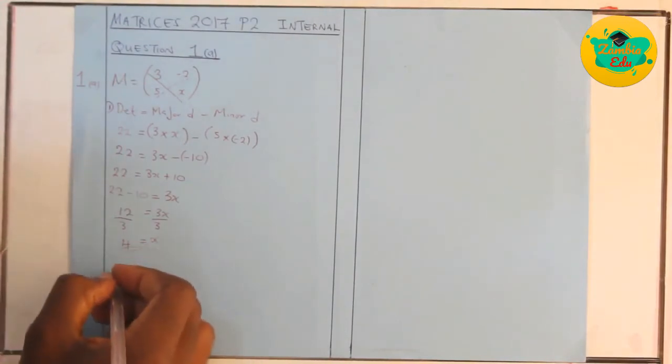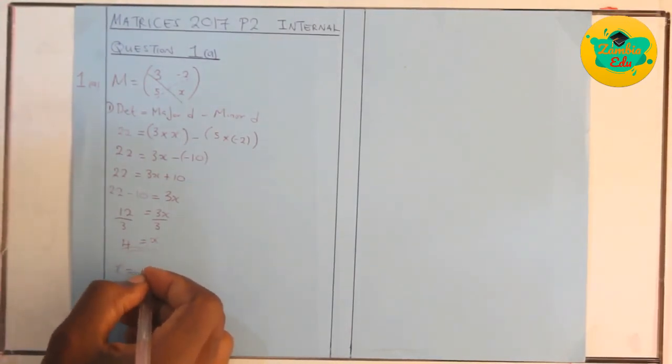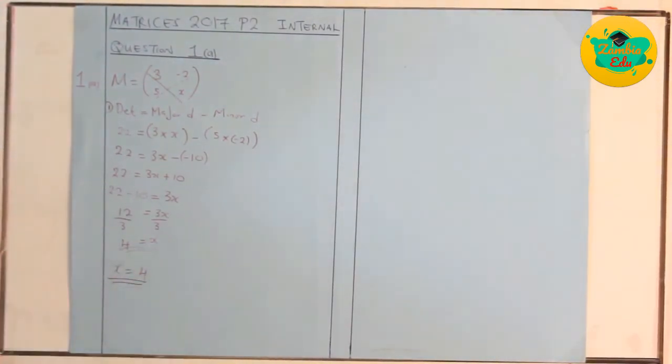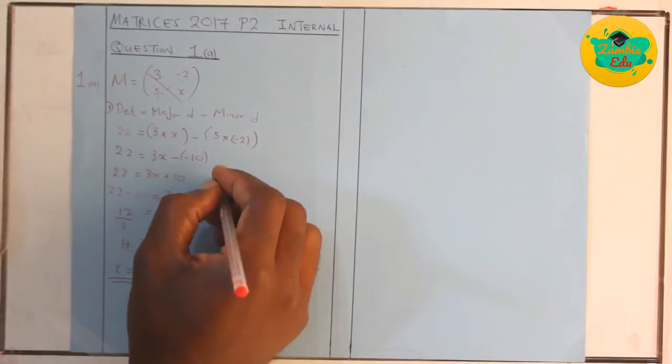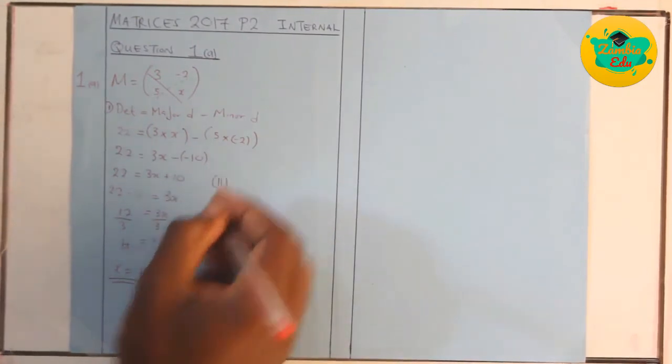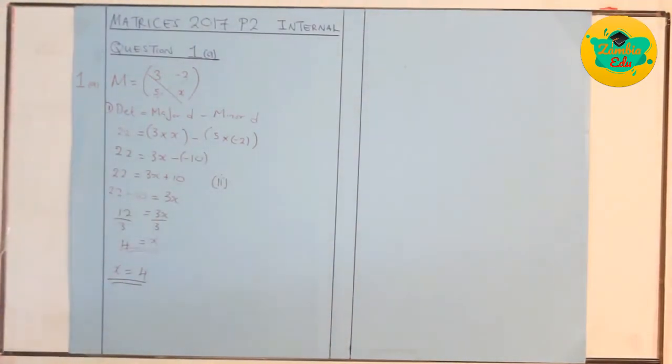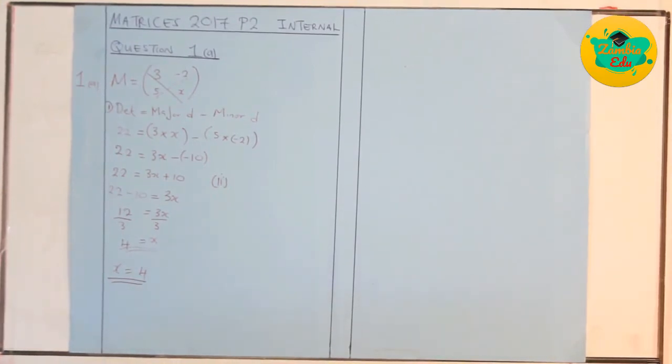That can also be written as x is equal to 4, so that is the value of x. We quickly go and answer part 2 of this same question, and the question says, hence find the inverse of M.